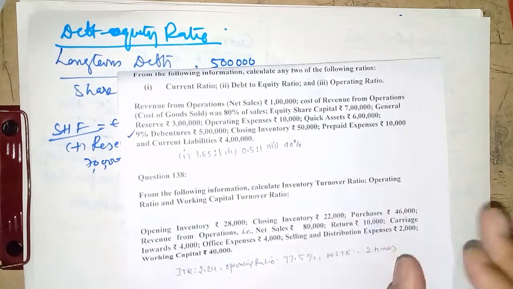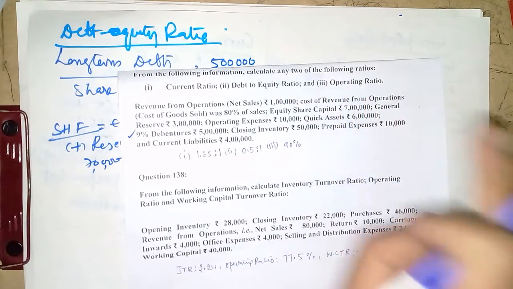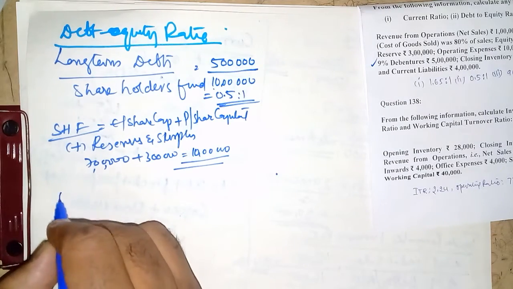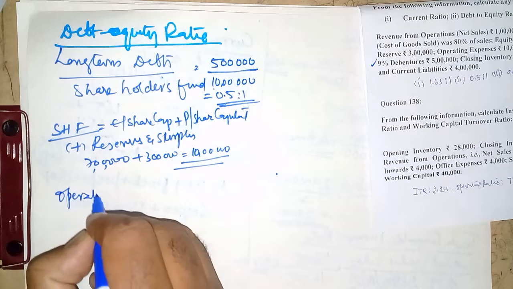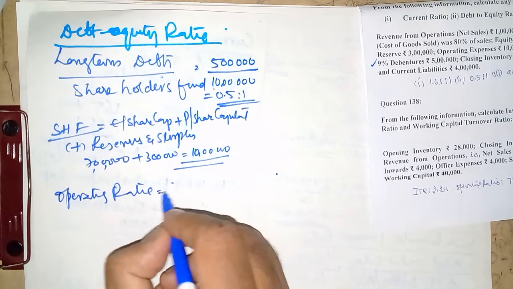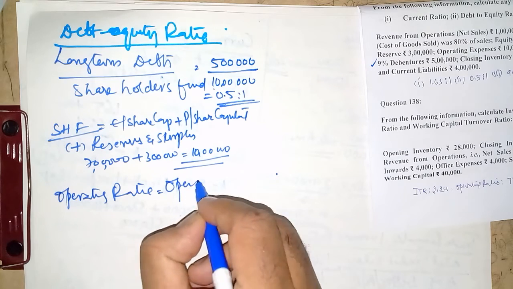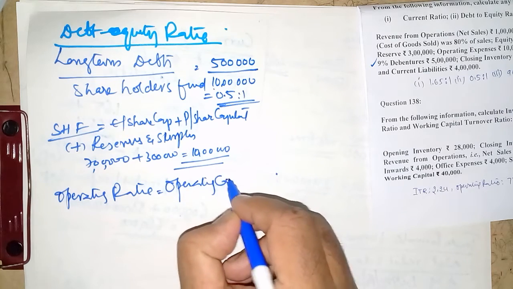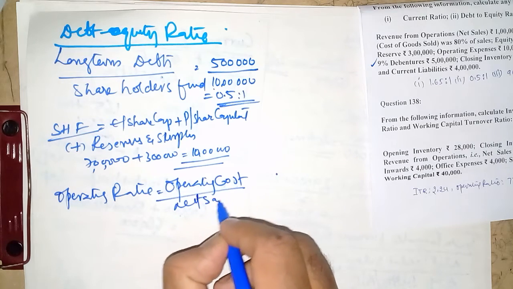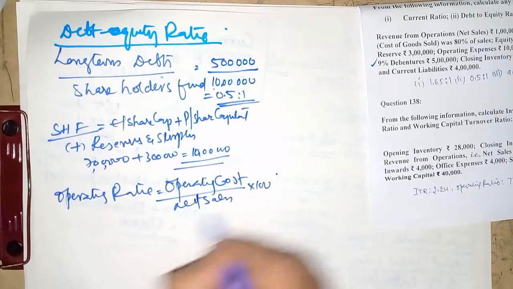Clear? Then next is what? Operating ratio. What is the formula of operating ratio? Already we have done it in the earlier problem. Operating ratio is equal to operating cost by net sales into 100.